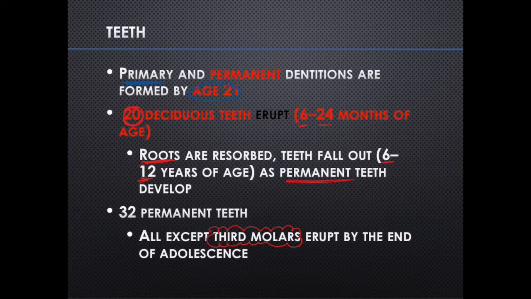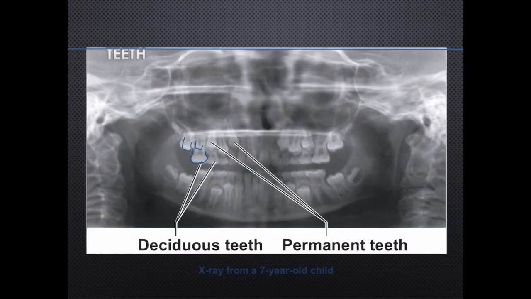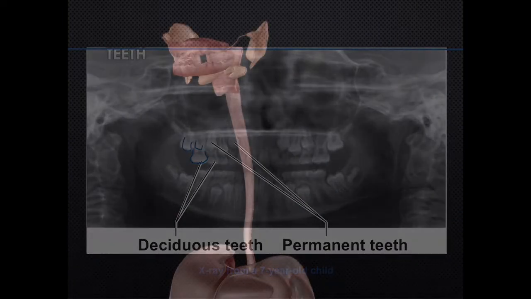Third molars are what we call the wisdom teeth. So they usually erupt later on in life, unlike the rest of the permanent teeth. That's why we call them wisdom teeth, because they will erupt at an older age. You see on here, so what's going to be the age of this child?